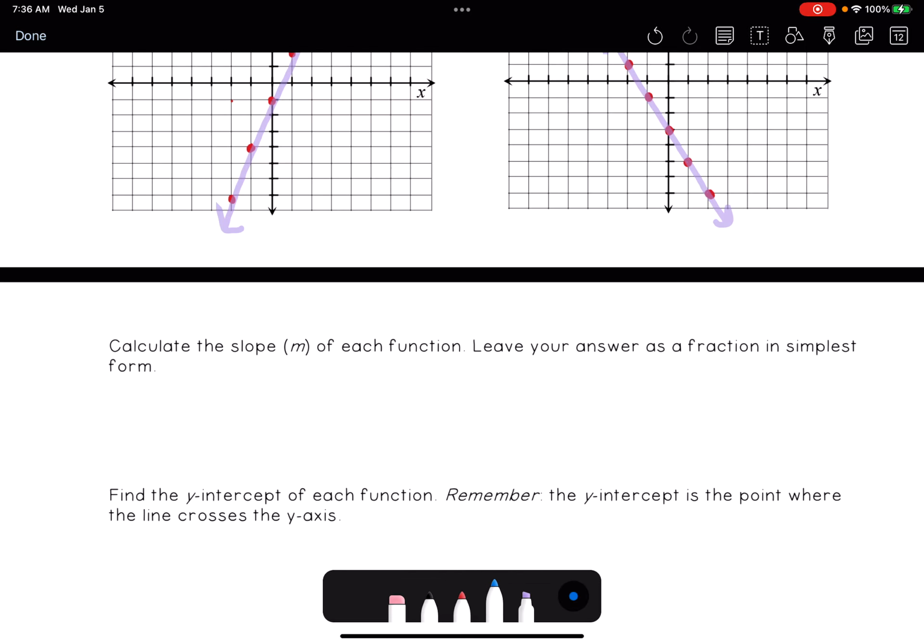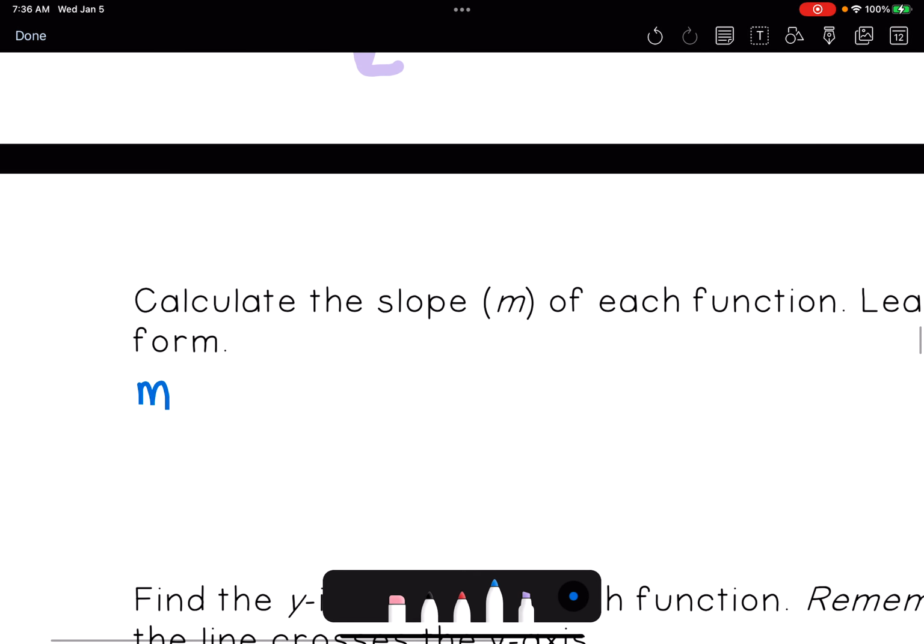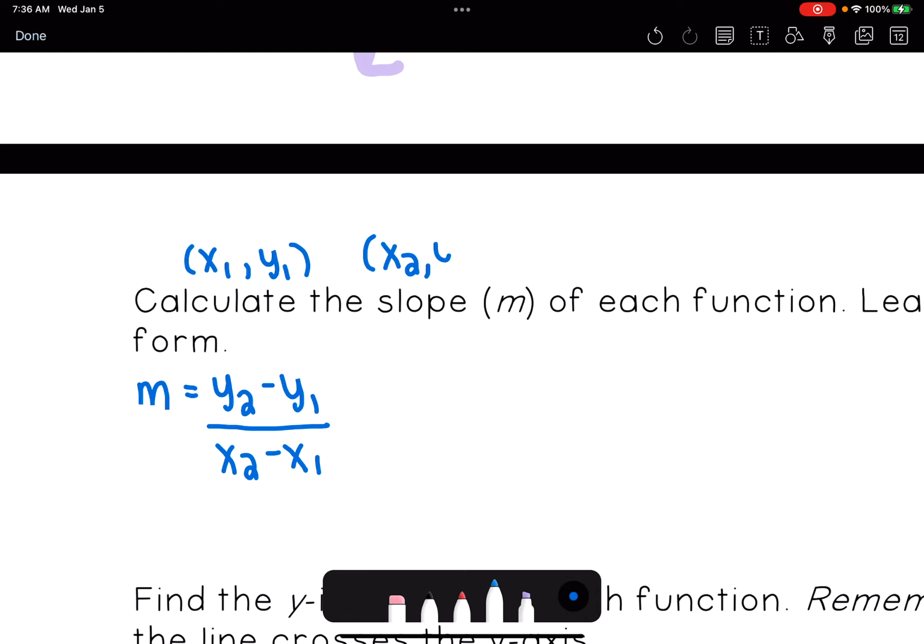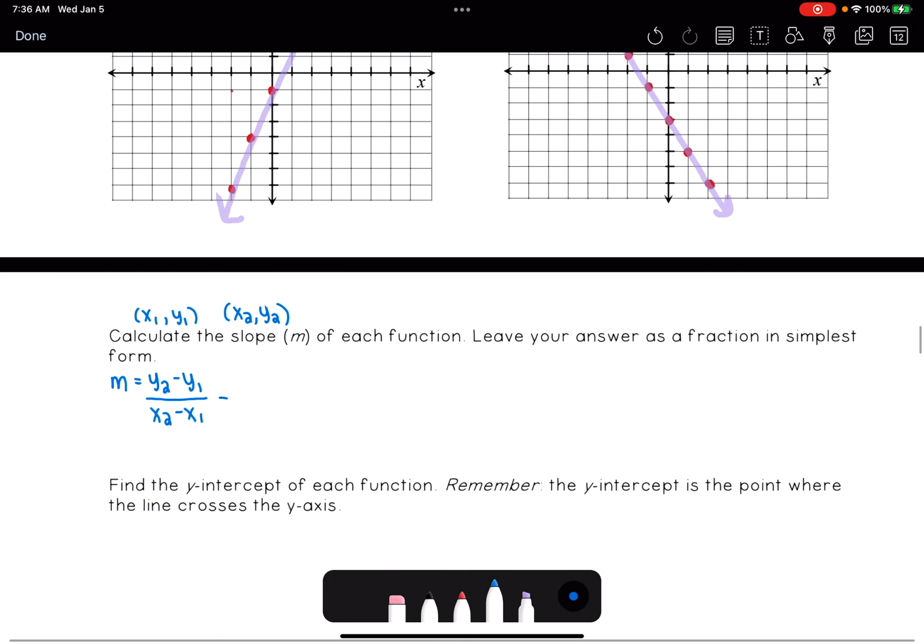Remember last time we learned that m was equal to y2 minus y1 over x2 minus x1. So we could plug in a point x1 comma y1 and x2 comma y2. Or we can do rise over run, which remember is change in y over change in x.